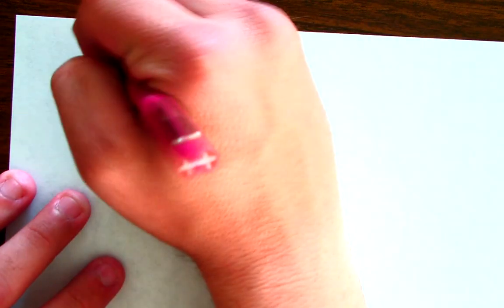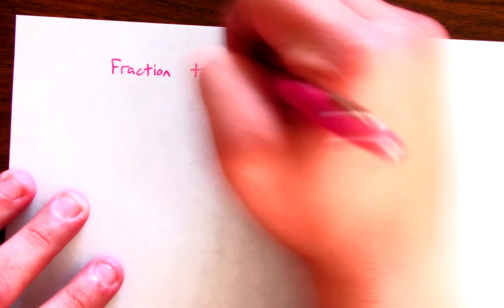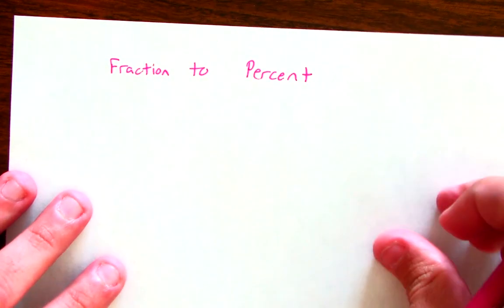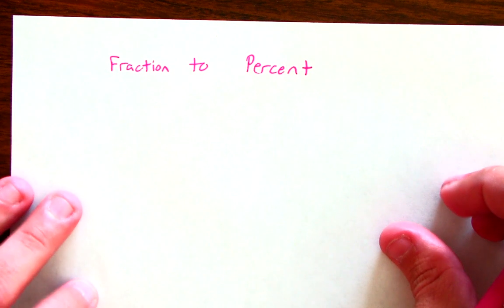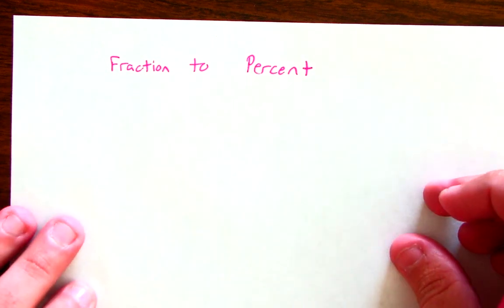So now let's go ahead and do fraction to percent. Okay, so fraction to percent. There are 2 ways you can do it. I'm going to show you both ways.